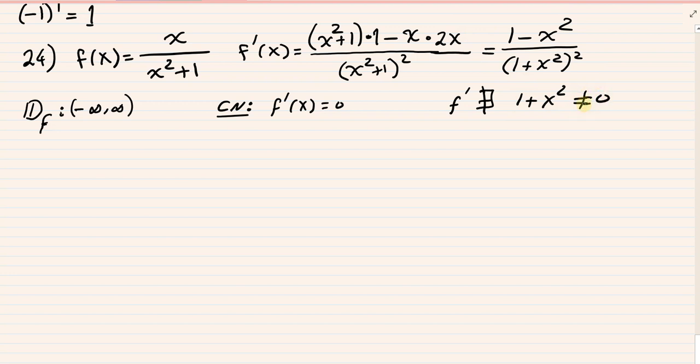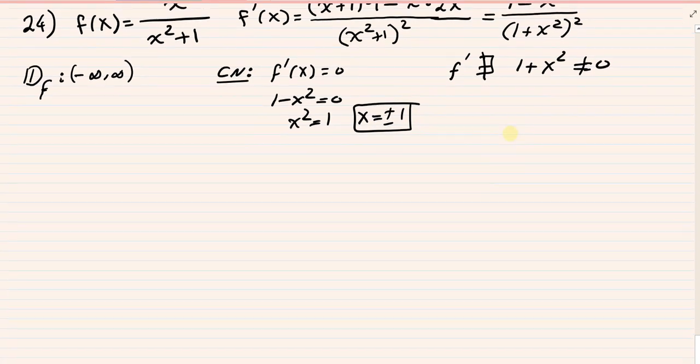So in other words, the derivative always exists here. The domain of the derivative is also all real numbers. Now, f prime of x equals 0, that means only the numerator can be 0 to make the fraction 0. That means x squared is 1, so x is plus or minus 1. So we have 2 critical numbers for this exercise.